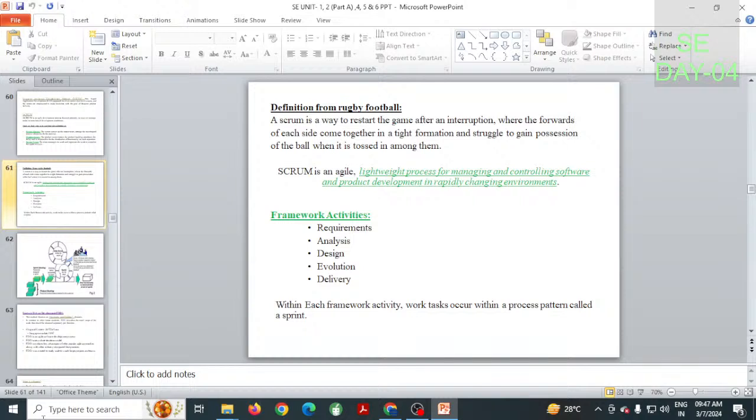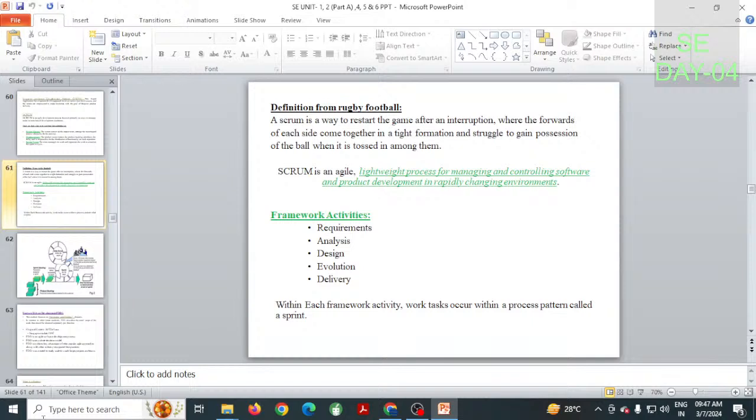where the forwards of each side come together in a tight formation and struggle, especially for gaining position for the ball, when it is tossed in among them.